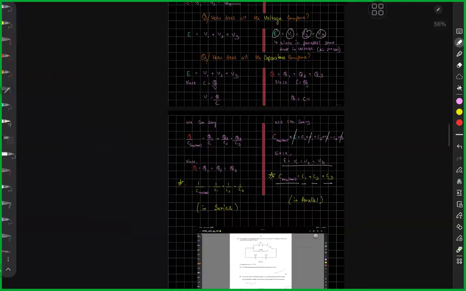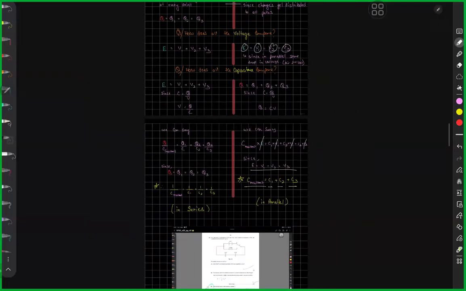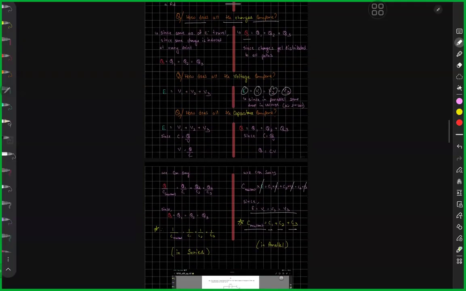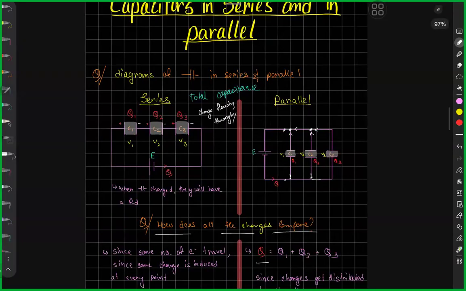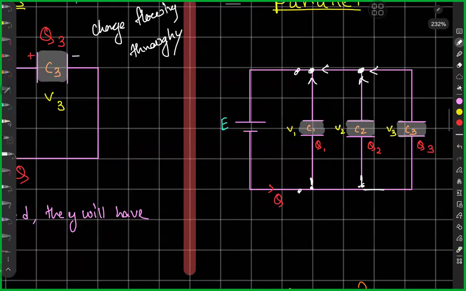So this is the math side of it, and you need to understand this. You need to be able to do this on your paper. But I will try and give you a very qualitative, or an intuitive, way to understand this as well. Think in parallel that this is the negative plate, and this is the positive plate. So the charge comes in, and even though it gets distributed, the charge demanded increases because there are more plates aligned together.